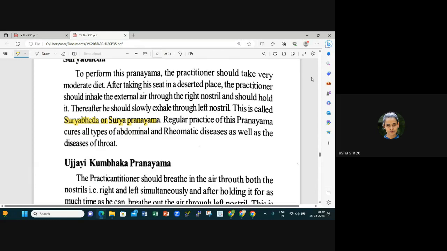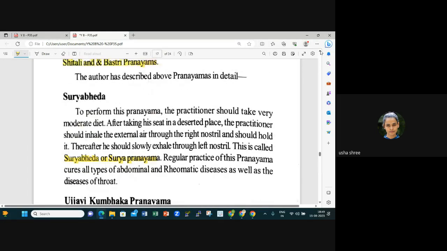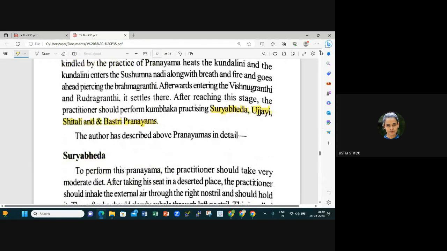But when it concludes, there is a clear message saying that Kumbhaka is the same and Kumbhaka is inevitable in all the 4 pranayams. Yes. Right? But they have not mentioned it. Is it because they haven't mentioned the method of pranayama in detail, or why have they mentioned that point if there is nothing mentioned about Kumbhaka in Shitali, Bhastra and Surya Bheda?